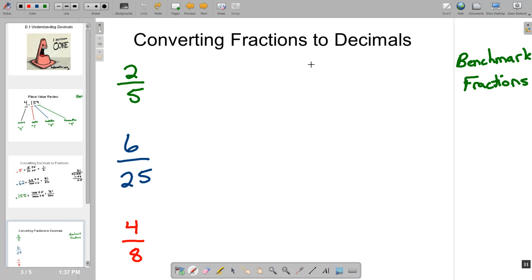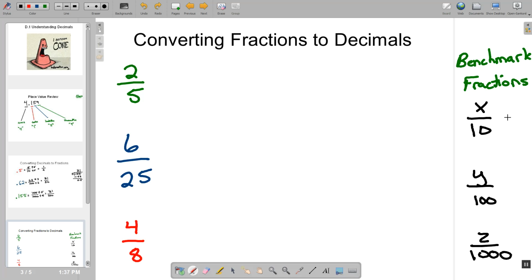Now, the first thing we want to know is that if we remember from the names of the decimal place values, the first place after the decimal is called tenths, the second place is hundredths, the third is thousandths, and so on. Which means that if we're dealing with fractions, we want something over 10, or something over 100, or something over 1,000.